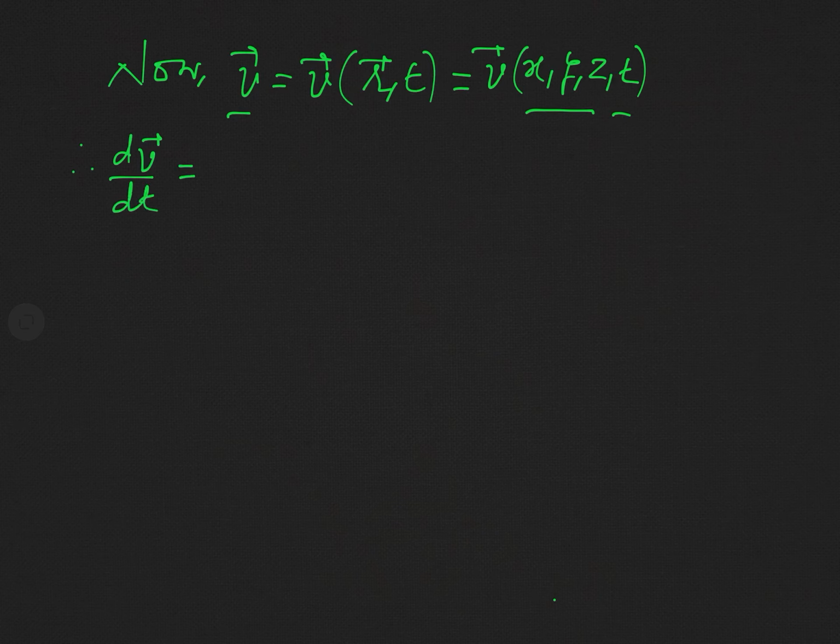See here, as v is a function of 4 independent variables, so we will follow the partial differentiation.